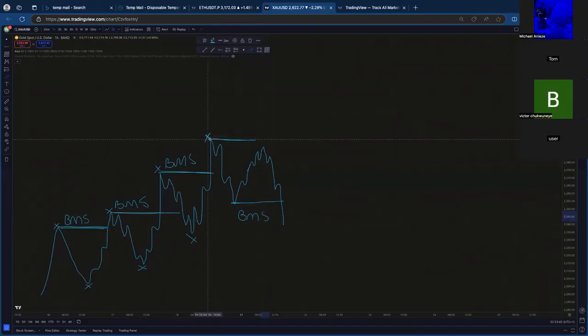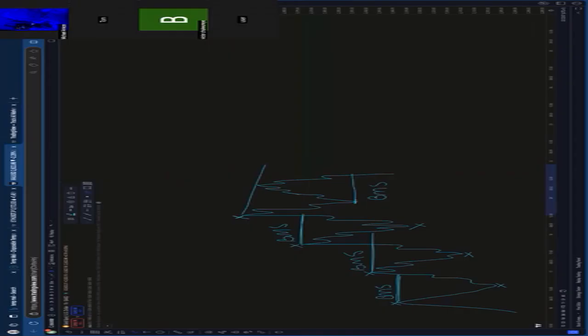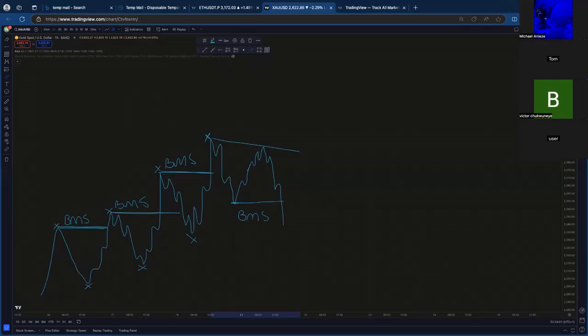And these 2 points right here, let me take this off so we see this properly. Now, these two highs connecting right here, this would be your shift in market structure, right? This would be your shift in market structure.